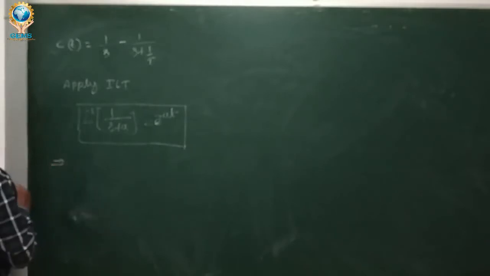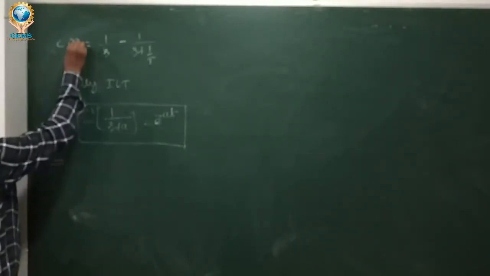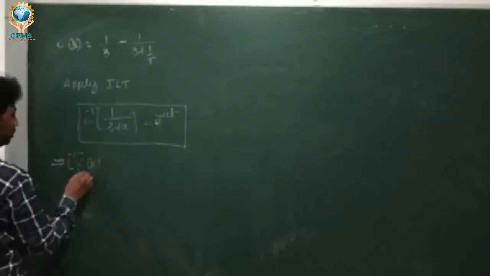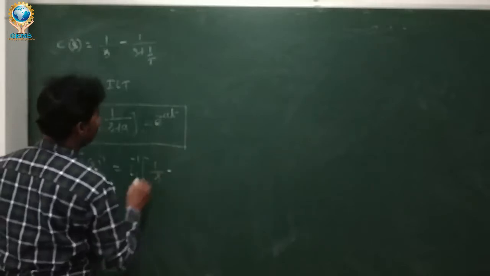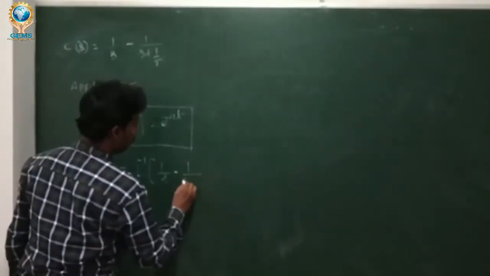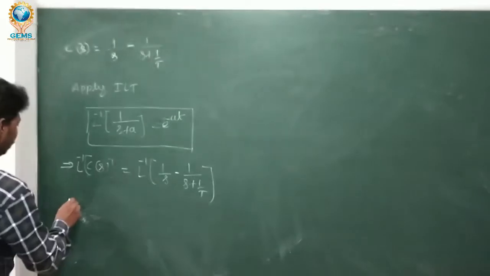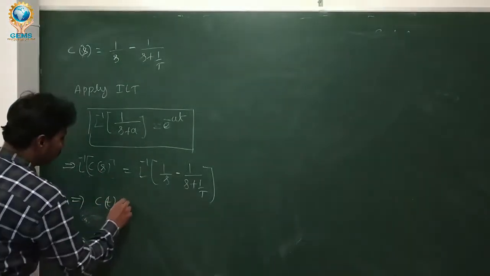So this is C of s. When you apply L inverse to C of s, you get L inverse of 1 by s minus 1 by s plus 1 by T. L inverse of C of s is equal to C of t.